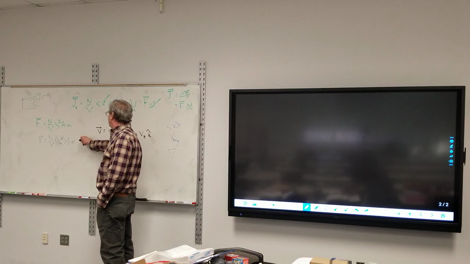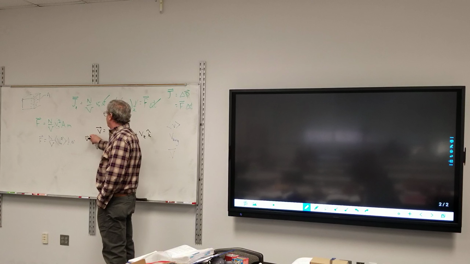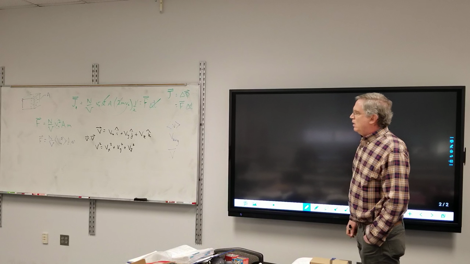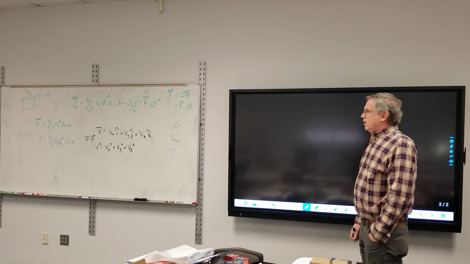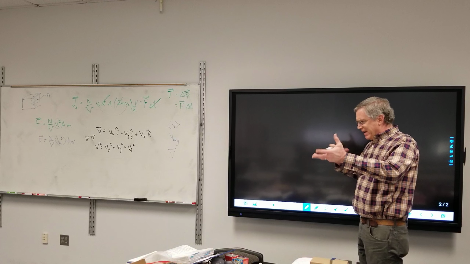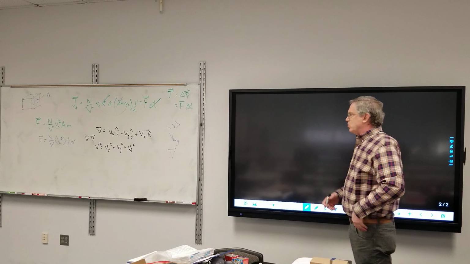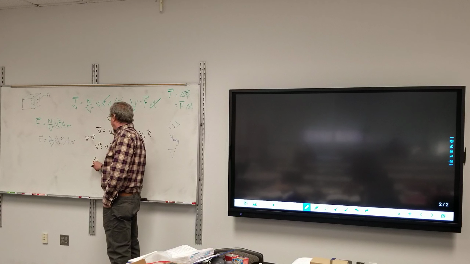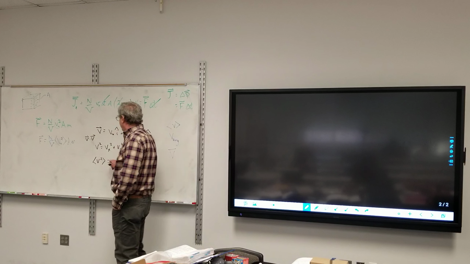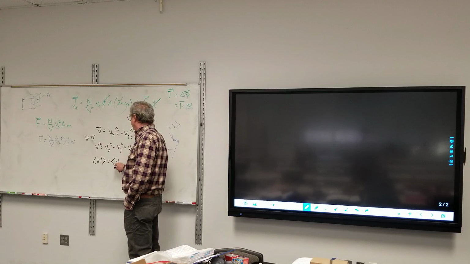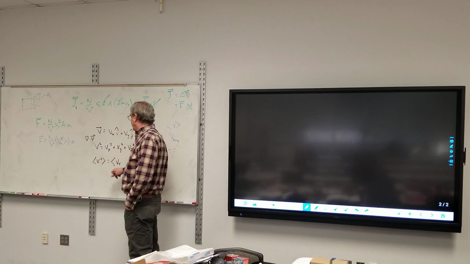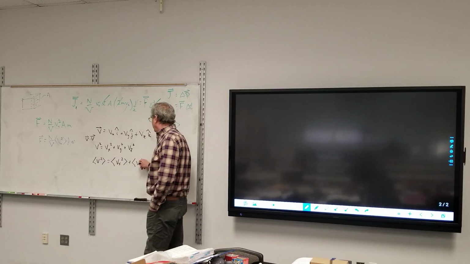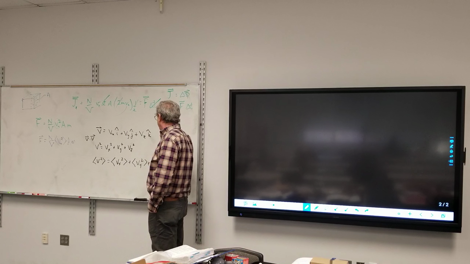This is v dot v. And if the particles truly are random in there, moving in some random direction, if I look at the average value of v squared, it's the average value of vx squared plus the average value of vy squared plus the average value of vz squared.